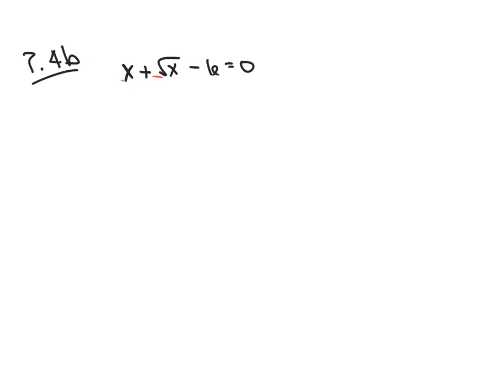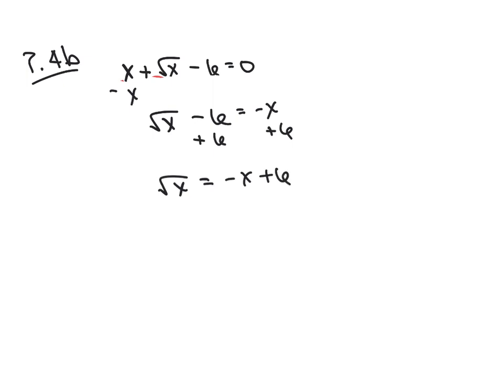You would isolate the radical. So you would get rid of this, then you'd get rid of this. So you'd add 6 to both sides, and you get square root of x equals negative x plus 6. And now we're going to square both sides to get rid of the radical sign.